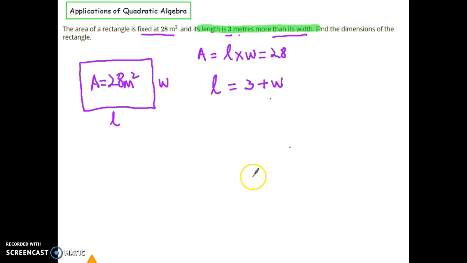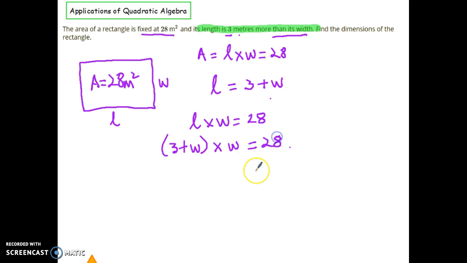So now putting all this together, the area, which is length times width, now becomes length times width. By doing this, it's like our work with simultaneous equations. I've eliminated one of the variables. The L has now been replaced with 3 plus W.